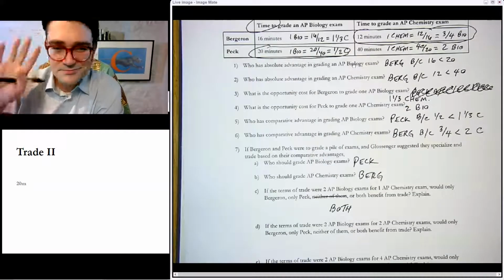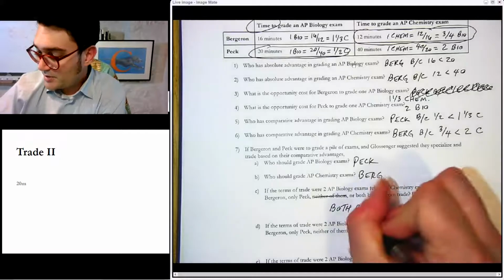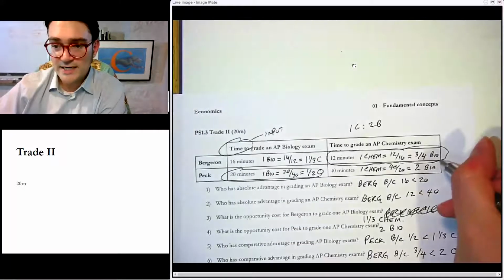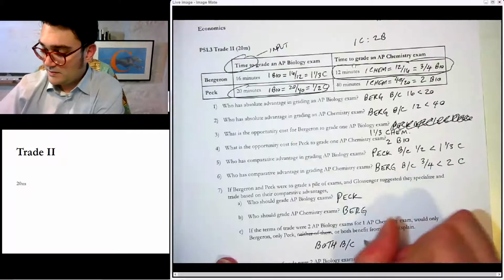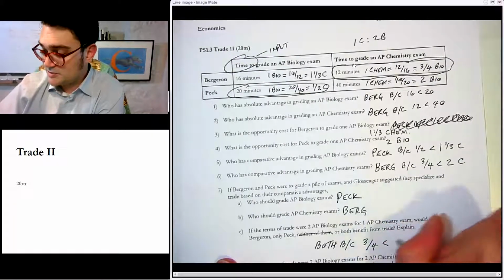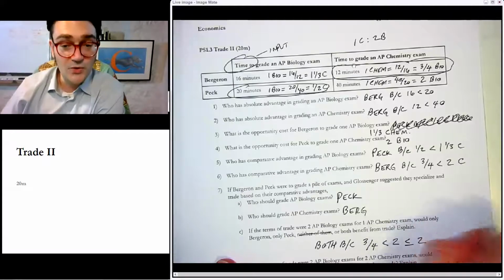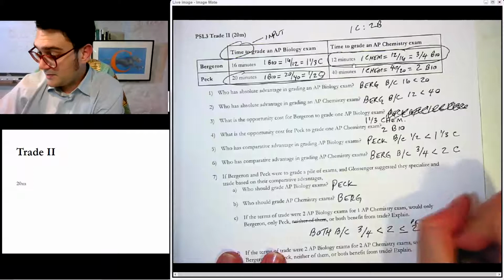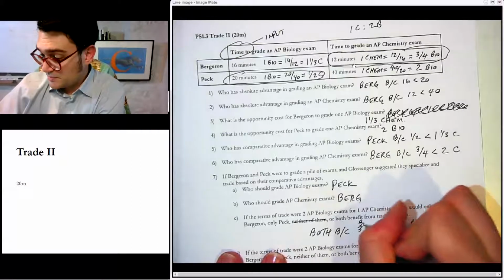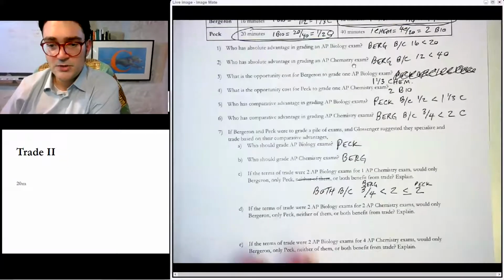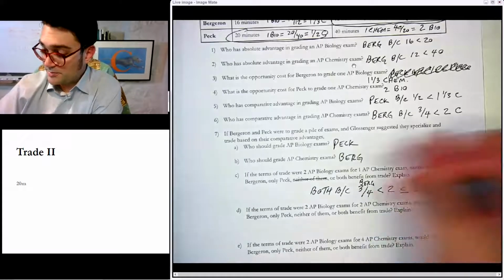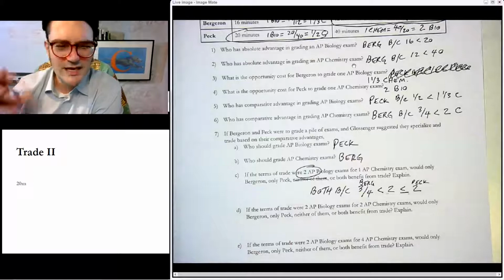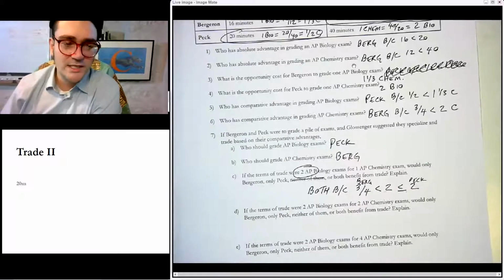We'll write it out as 3/4 is less than or equal to 2. And this 2 is Peck, and this one is Berge, right? And so the value that's coming from here is between their two values. And again, Peck's ambivalent to the trade. He can take it or leave it.